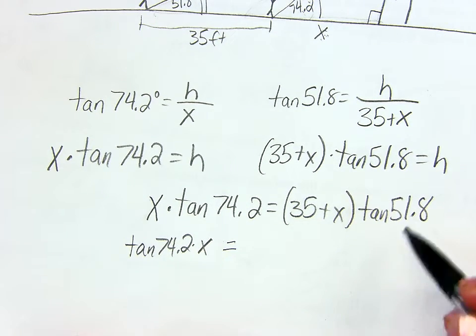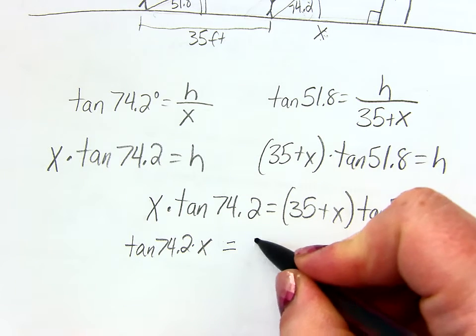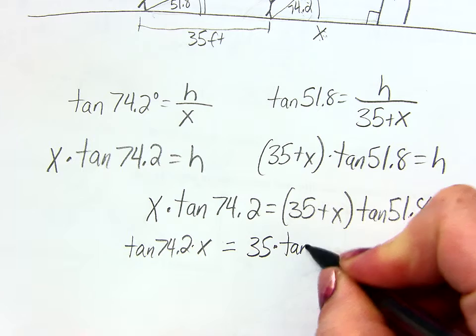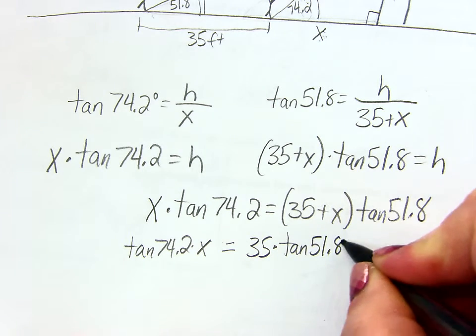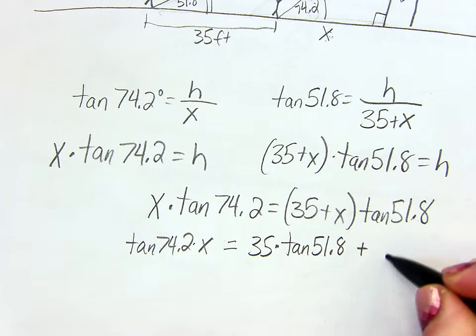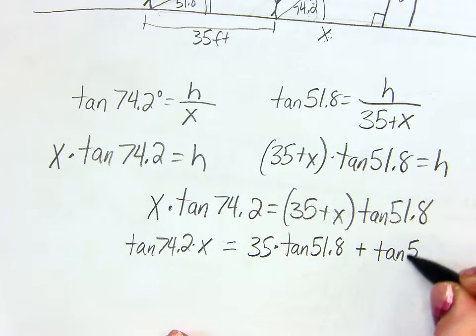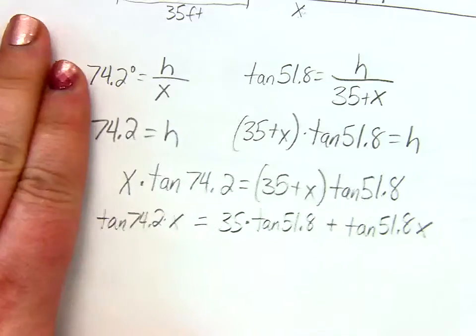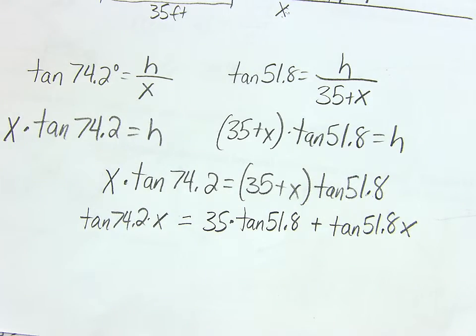So on one side I'm going to have 35 times tangent 51.8 plus, and now I'll have tangent 51.8 times x. So all I did was distribute so far.